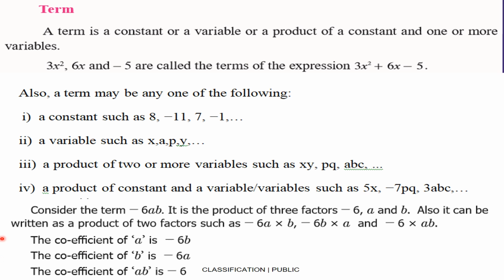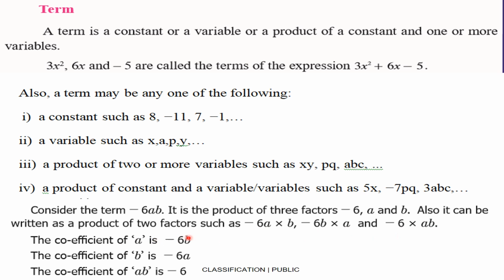So next we consider the term minus 6ab. Here, a product of three factors: minus 6 into a into b. So we can also write it as minus 6a into b, minus 6b into a, minus 6 into ab.